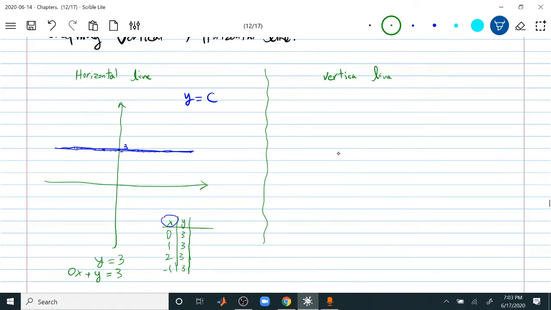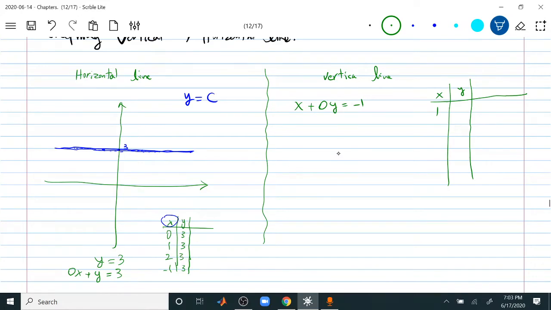Instead of having 0x, you have x plus 0y equal to some constant. Let's say -1. That means whatever you pick for x, here's what matters. If I pick 1 for x, I will have no solution.